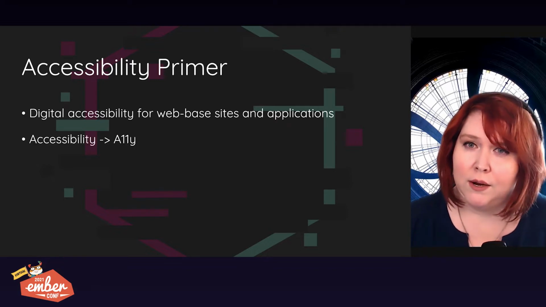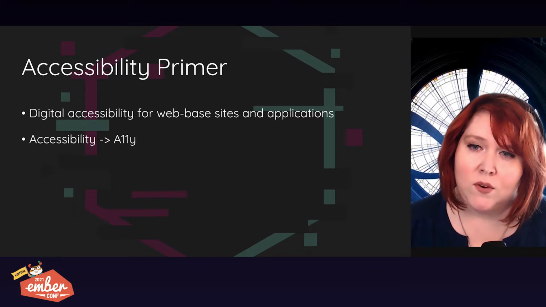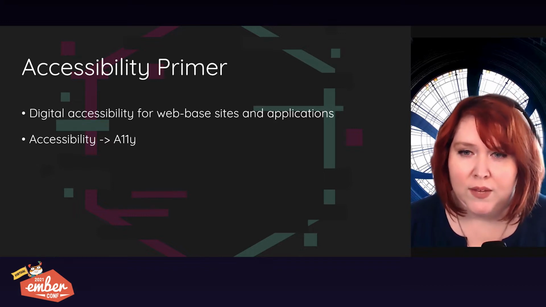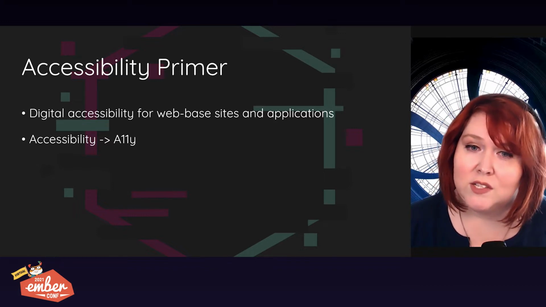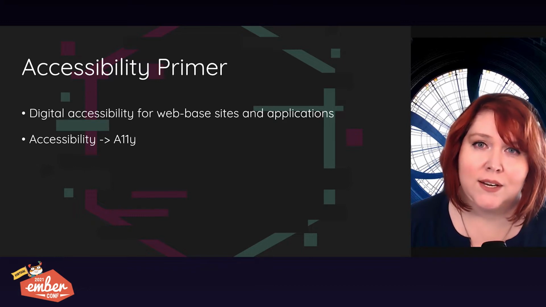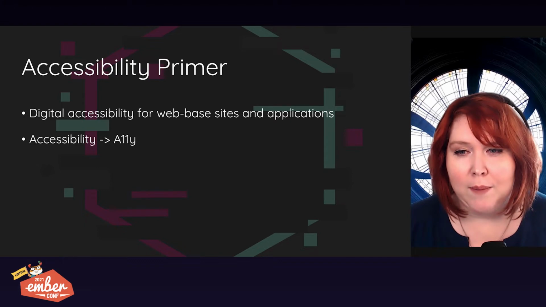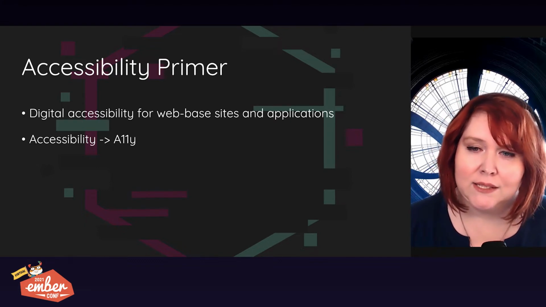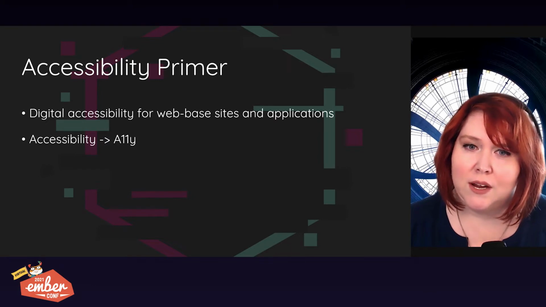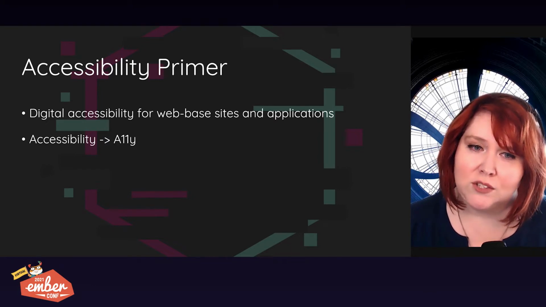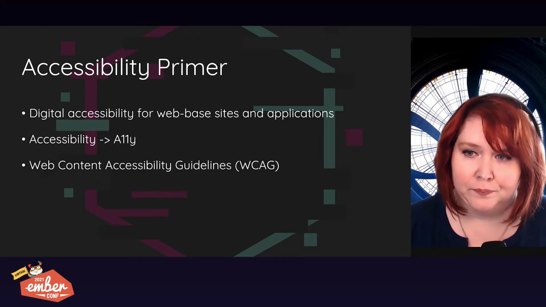You might also hear it referred to as A11Y, which is a shortened abbreviation. There are 11 letters between the A and Y in the word accessibility. I'll also refer to the Web Content Accessibility Guidelines, or WCAG for short, as a standard by which our applications are evaluated through the use of the success criteria they provide.